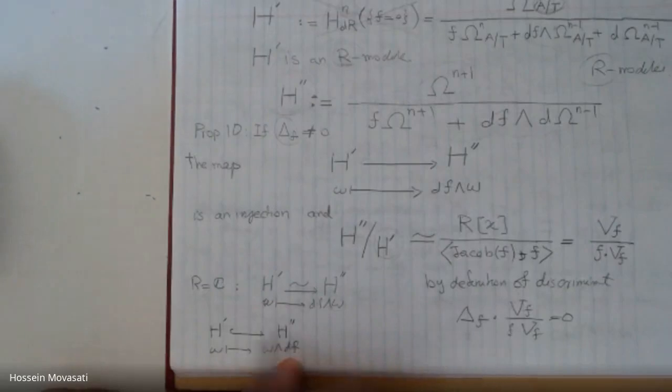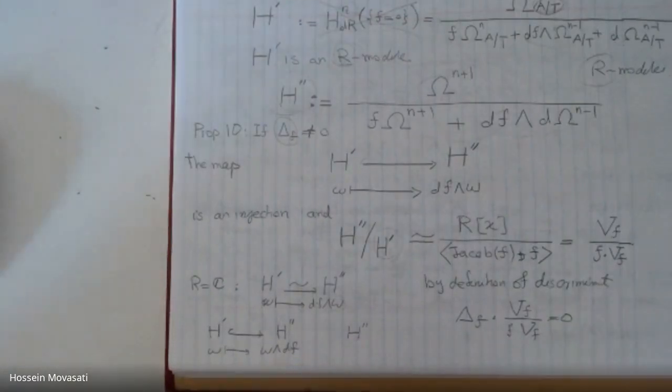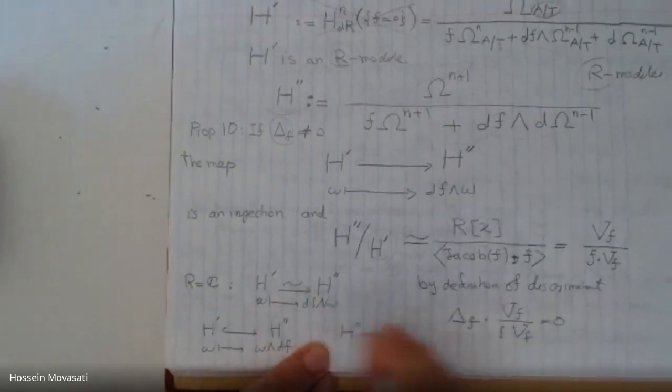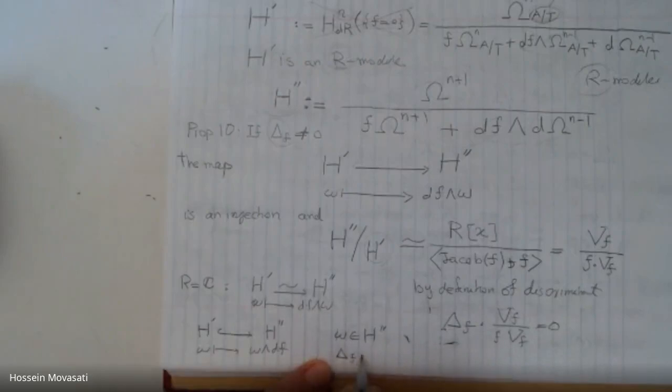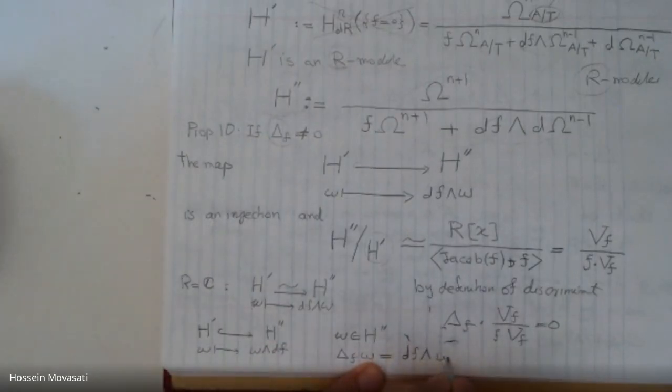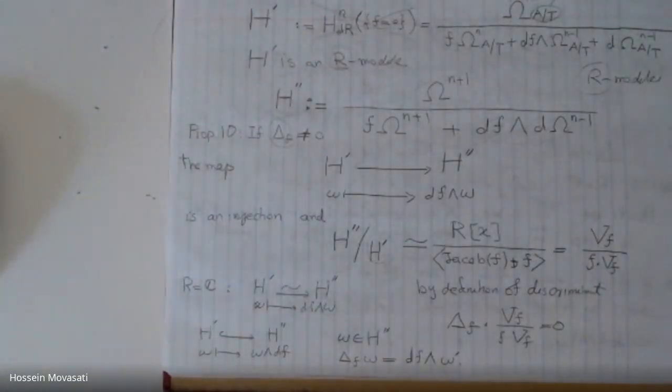And once you want to return back, if you have elements in H double prime, delta f times omega will always be of the form, in H prime, df wedge omega prime.